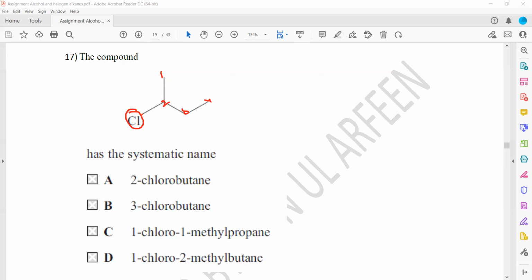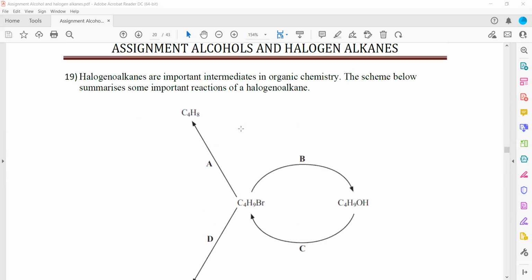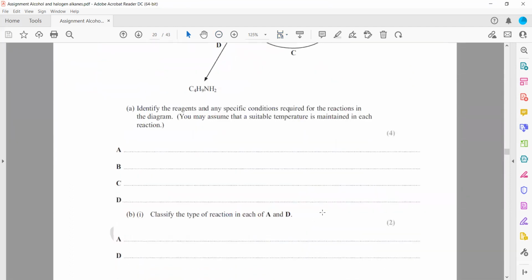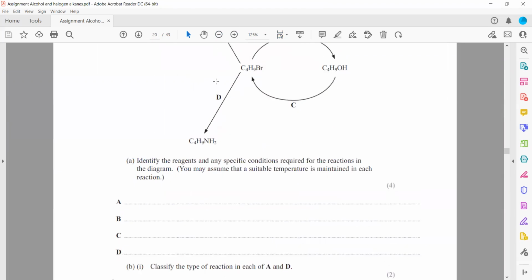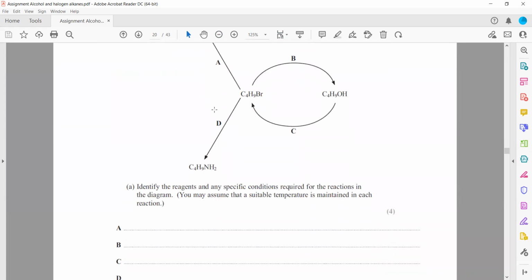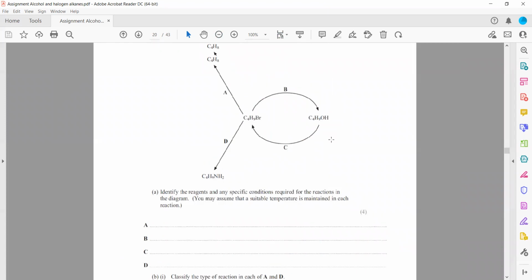Next is question 19b2. Look, halogenoalkanes are important intermediates in organic chemistry. Using the halogenoalkane, we can produce many products. So identify the reagent for A. Basically, it's an elimination reaction, halogenoalkane.